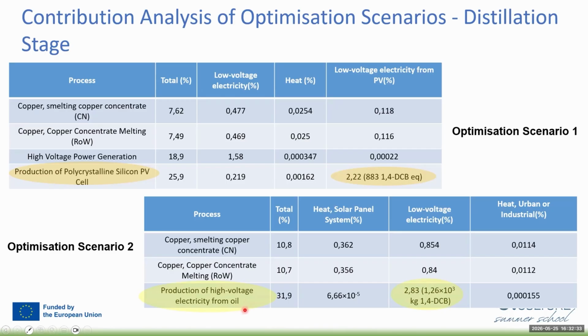Consequently, while the solar collectors successfully reduce the impacts and resource depletion associated with natural gas consumption, their overall effect on the total life cycle remains limited because the distillation stages have heavy electrical demands that are left untouched.